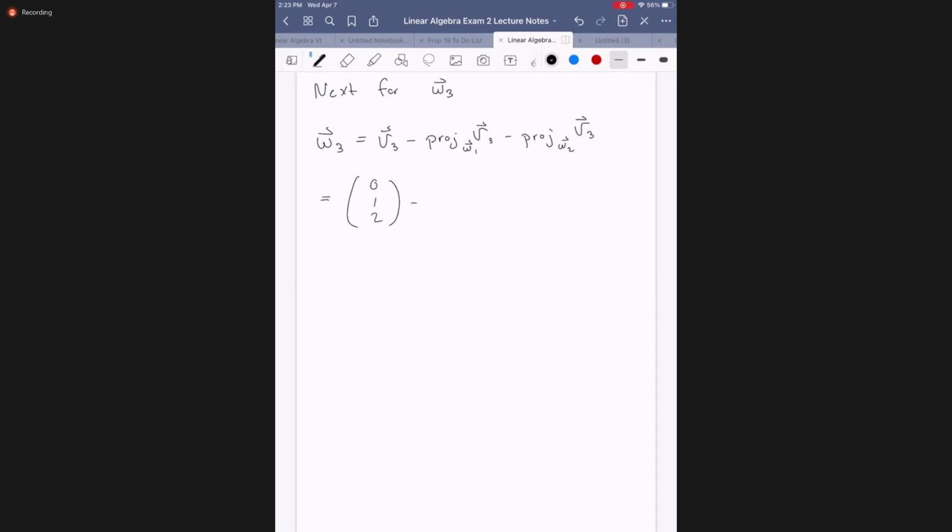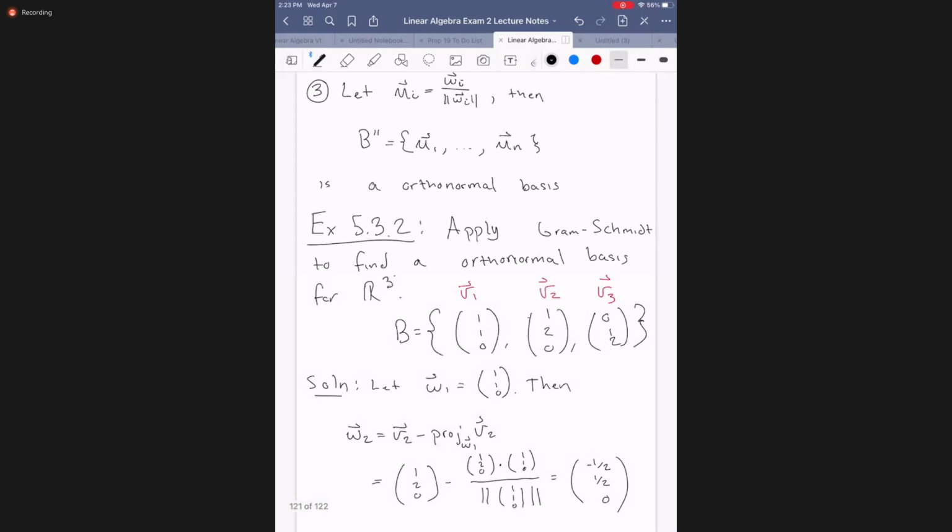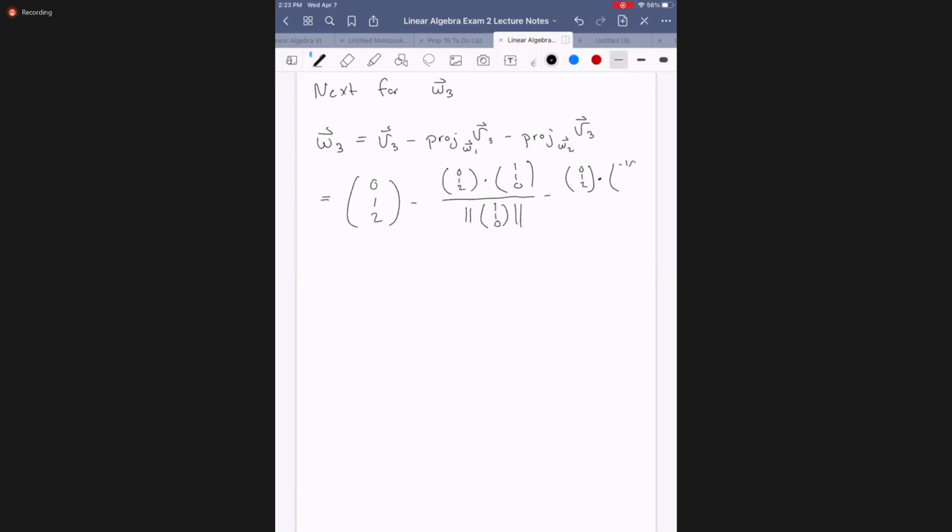So it's going to be (0, 1, 2) dotted with (1, 1, 0), divided by the norm of (1, 1, 0), minus (0, 1, 2) dotted with W2, which in this case was (negative 1/2, 1/2, 0), divided by the norm of (negative 1/2, 1/2, 0).